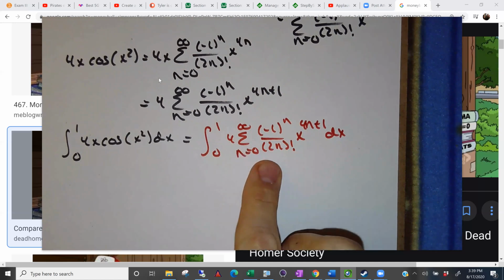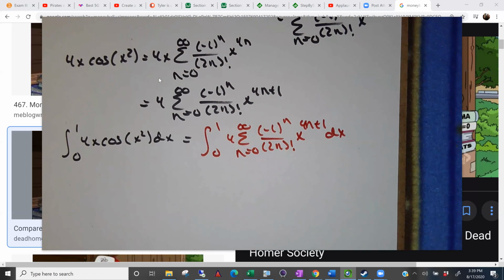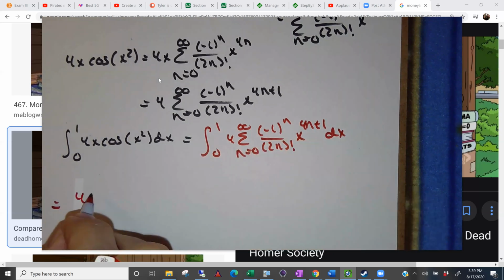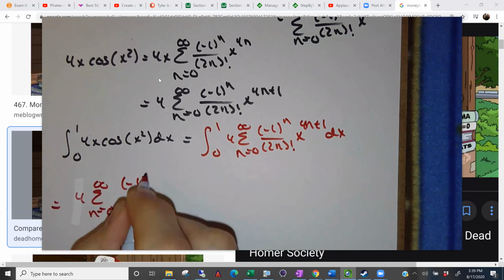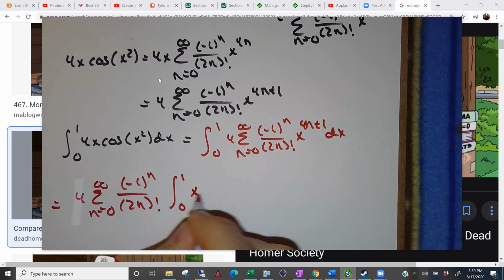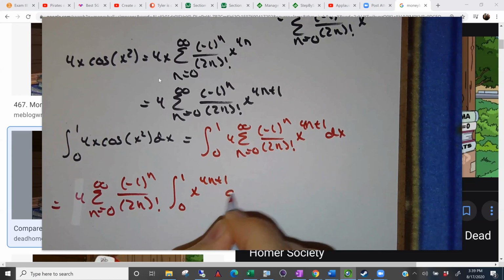Now, a lot of this has nothing to do with x, so we can factor that out. Actually, you know what? I don't want to put the integral there. I gotta move that integral in. So that integral is going to go all the way in here. So it's going to be 4 times the sum from n equals 0 to infinity of -1 to the n over 2n factorial times the integral from 0 to 1 of x to the 4n plus 1 dx.